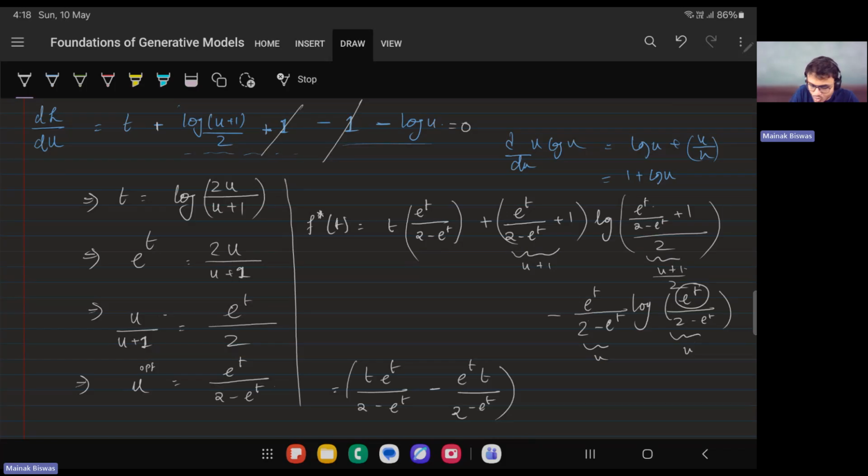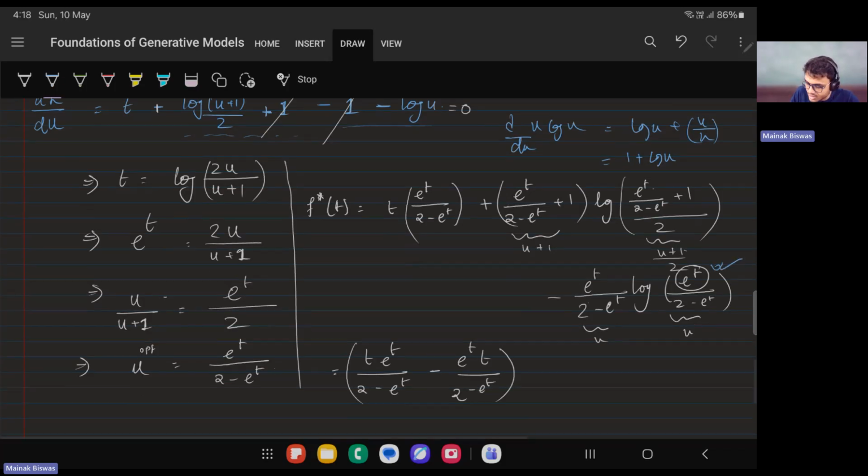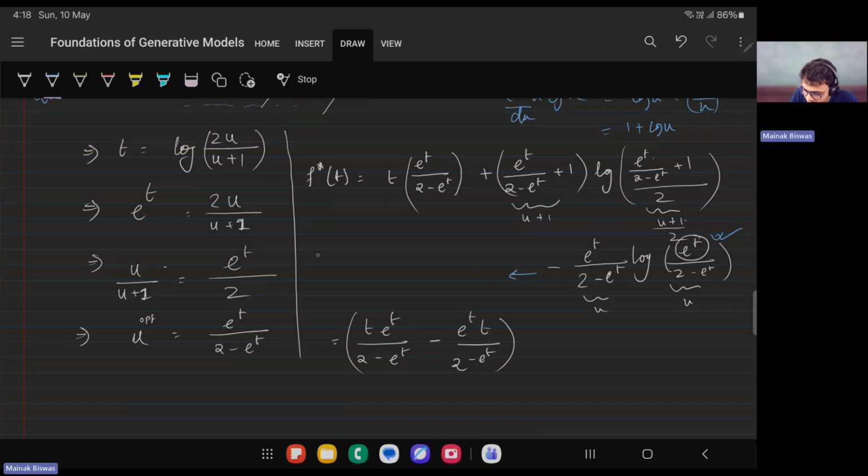This comes from the numerator here. So this term over here can be written as e to the power t by 2 minus e to the power t log of e to the power t, minus 1 by 2 minus e to the power t log of 2 minus e to the power t, right?